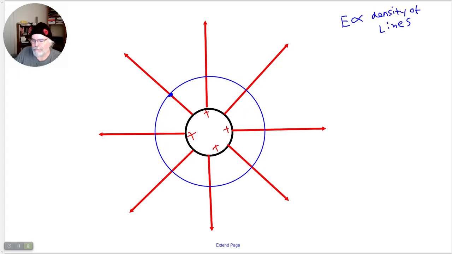There we go. That's a circle. Every point on that circle is the same distance from the charged surface. And if you go around that circle, the density of those field lines is the same all the way around the circle. That means the field strength is the same all around the circle, right?